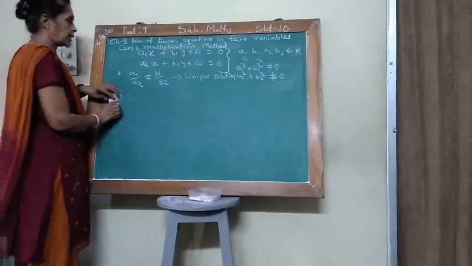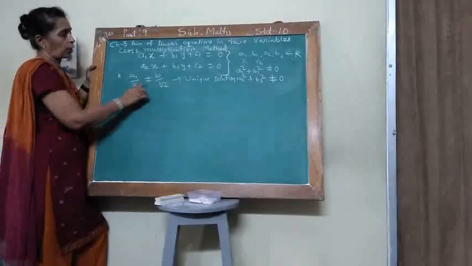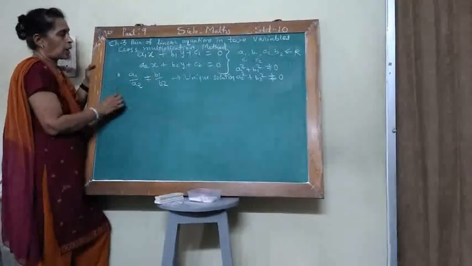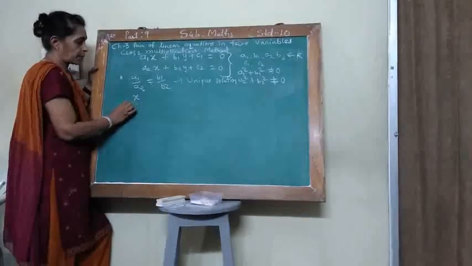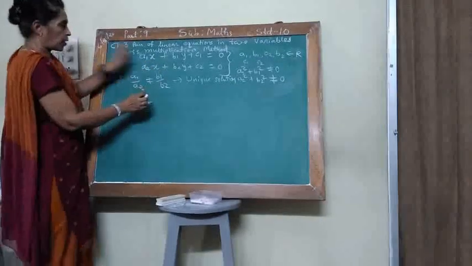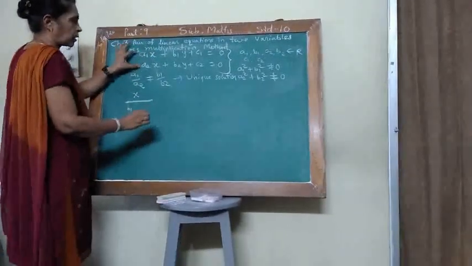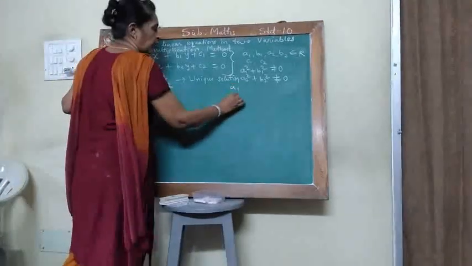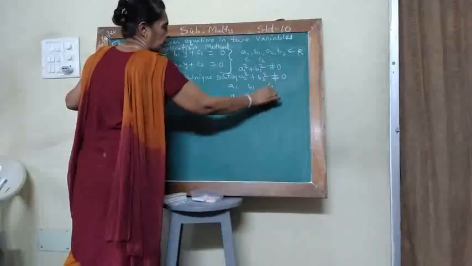So after checking, if you find the first two ratios are not equal, then how to find the solution by this method? So I apply this method. You have to write x upon, in the denominator, I take columns a1, a2, b1, b2, c1, c2.